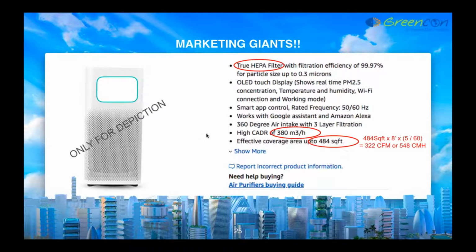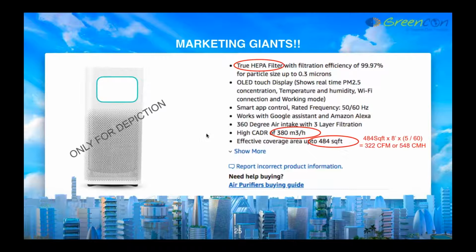Just giving you a simple example, I've taken a snapshot from one of the social websites where they sell this kind of product, and you would find that this brand indicates a high CADR of 380 cmH with an effective coverage area of 484. Now, CADR is actually a term which is announced by AHAM. We'll go back and understand more on it. It talks of certain air changes per hour considering airflow.